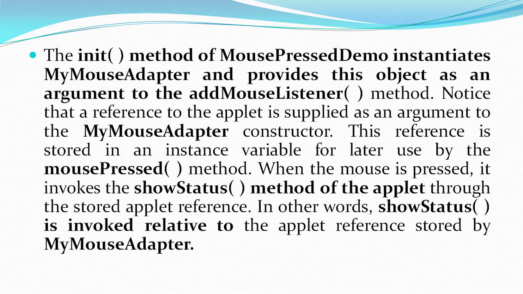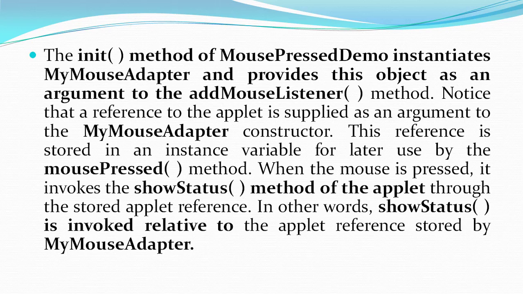The init method of MousePressDemo instantiates MyMouseAdapter and provides this object as an argument to the addMouseListener method. Notice that a reference to the applet is supplied as an argument to the MyMouseAdapter constructor.